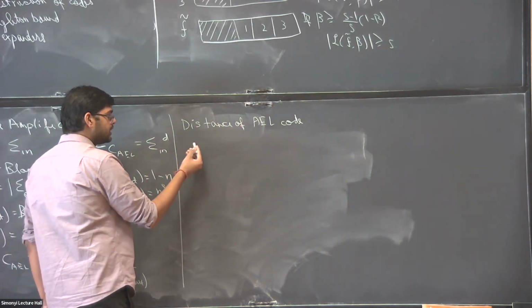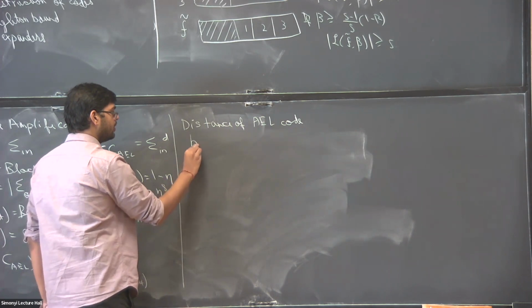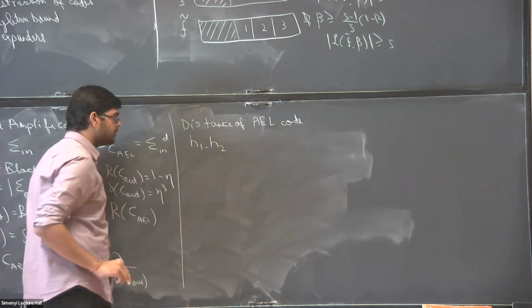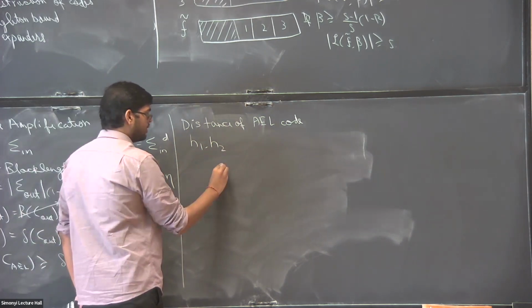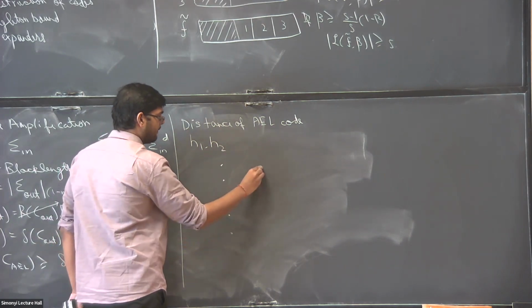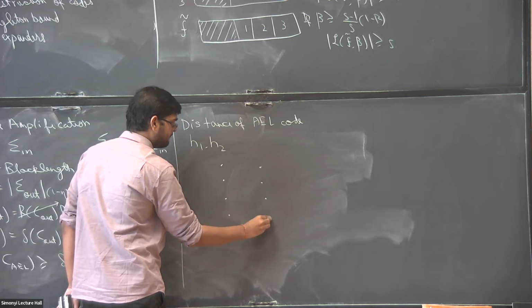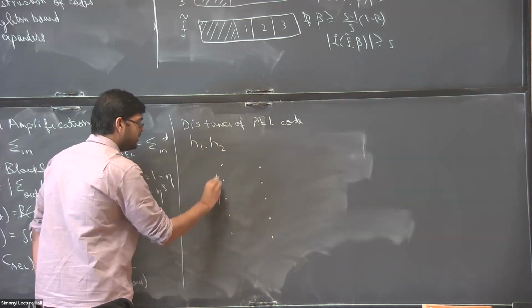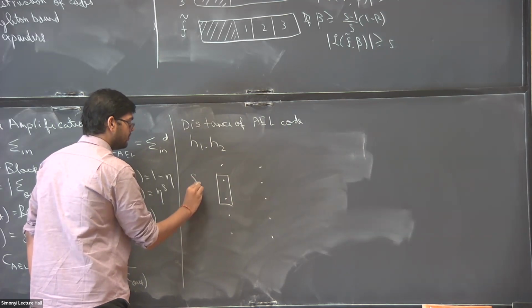Let's consider two strings, let's say H1 and H2. They would be differing in some delta out fraction.